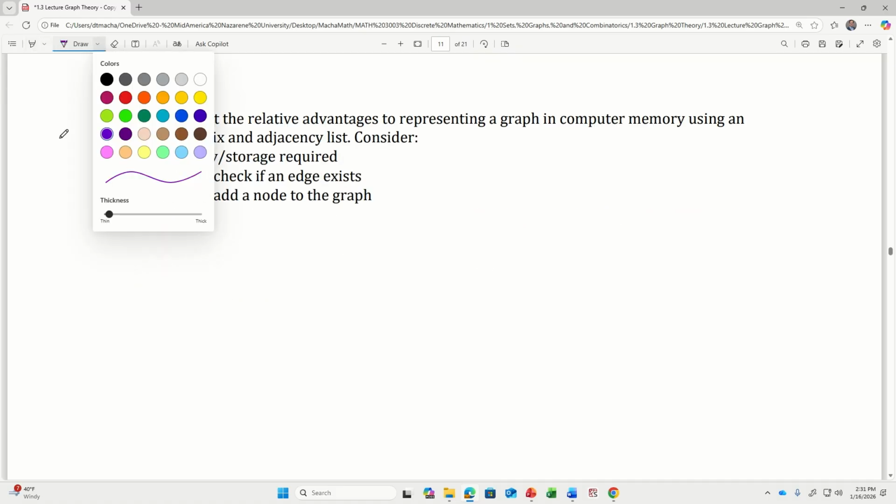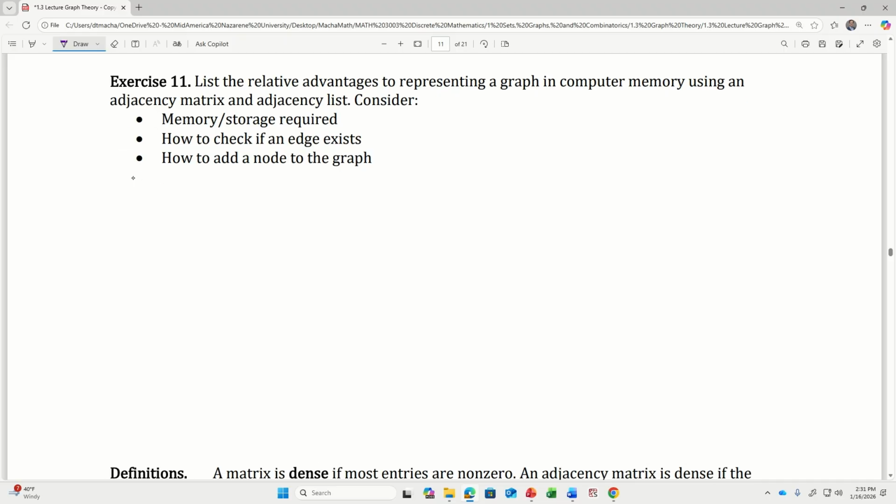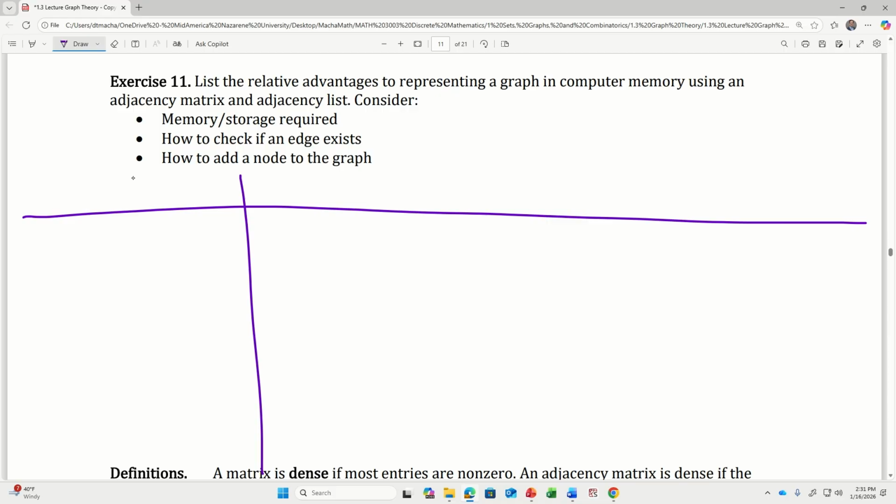List the relative advantages to representing a graph in computer memory using an adjacency matrix and an adjacency list. Consider memory/storage required. Okay. So let's make a little table. I could use an adjacency matrix.